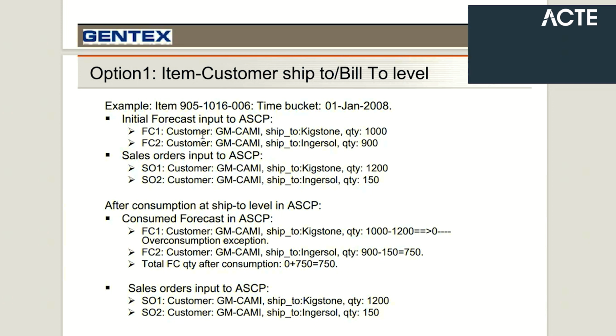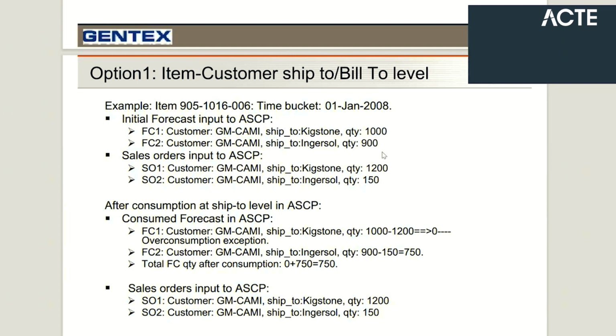Now I'm saying the customer needs quantity 1000. This needs to be shipped to this customer. Then the forecast: you are saying the customer name is this, who wants to ship this with this quantity. A sales order is there. In the sales order, you say what the customer name is, how much he needs to ship, and what the quantity is.